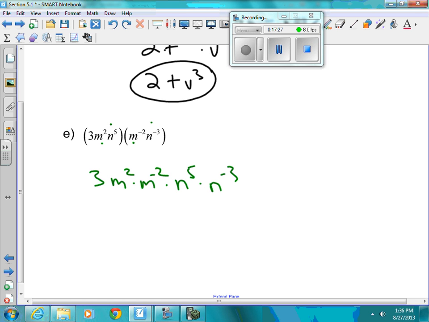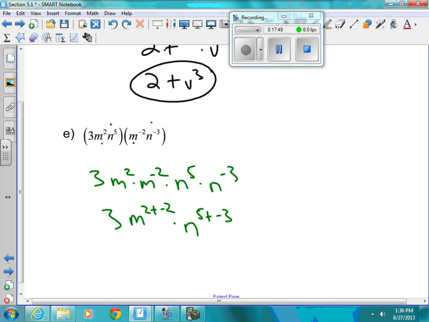We learned that in middle school, and we reinforced it in Algebra 1. So let's look at these. 3 is not going anywhere. M squared times m to the negative 2: same base, we add the exponents, 2 plus negative 2. N to the 5th times n to the negative 3: that's 5 plus a negative 3.